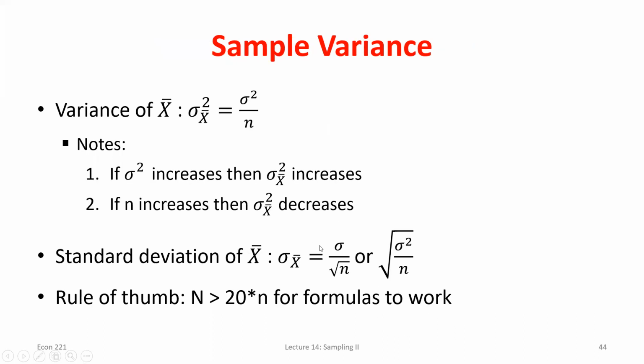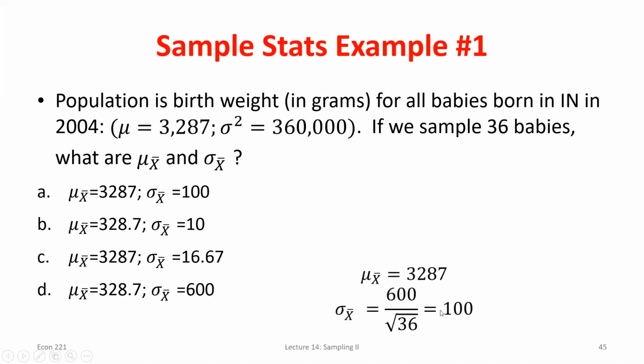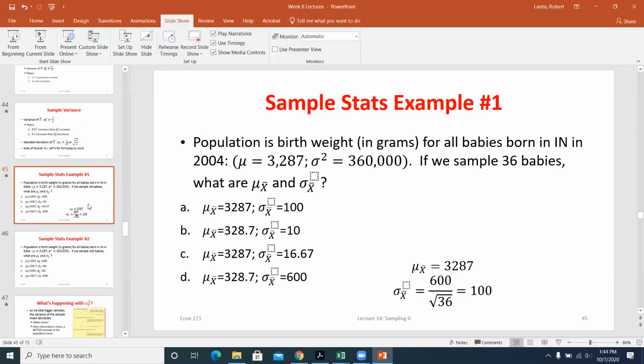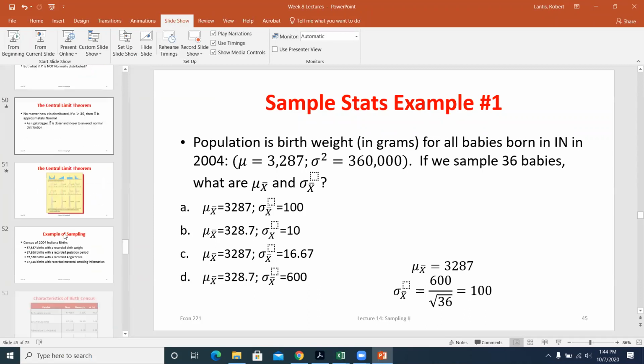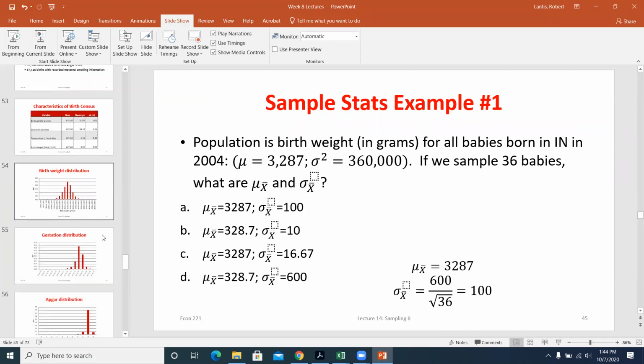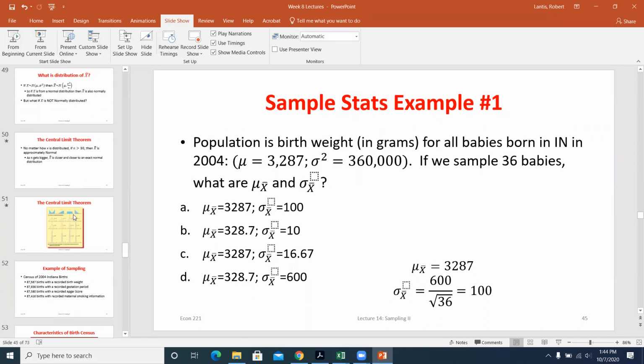We could do it either way, but I'll end up with a standard deviation of 100. So for now, just trust me that these are true. Next class, I have some visuals and a data experiment to prove to you that those are going to be true.